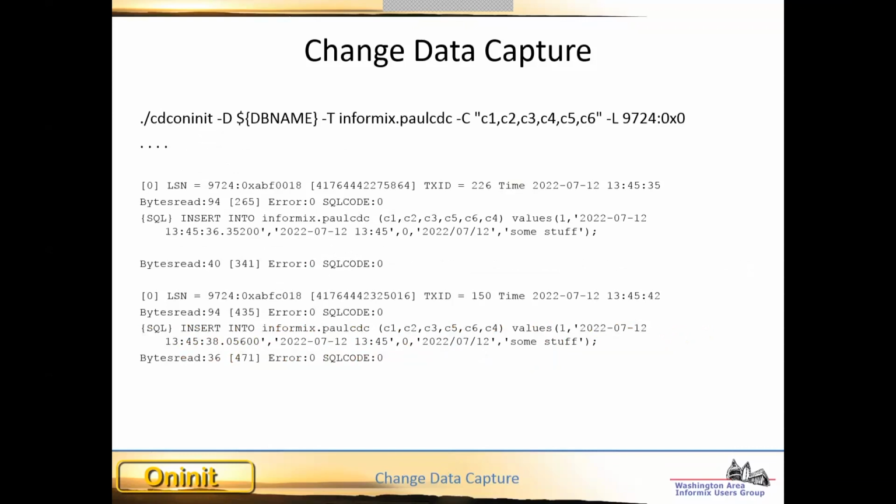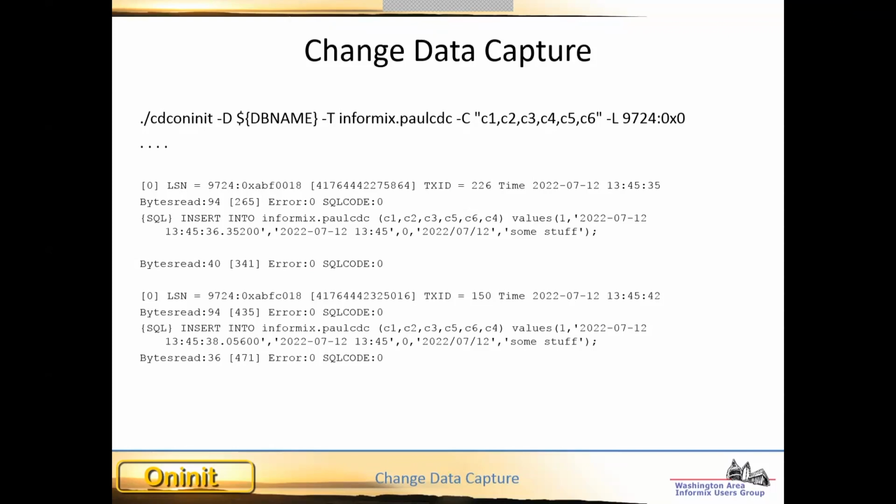Okay, so again, using the demo code with some various tweaks, we can now look at what's happening coming back. So you see, we can take the record, we've got the LSN, so we know where we are within the file. We've got the transaction ID, we've got a timestamp, and we can convert that record back into an SQL statement. So we can now know that we inserted into Paul CDC those 6 columns with those values.